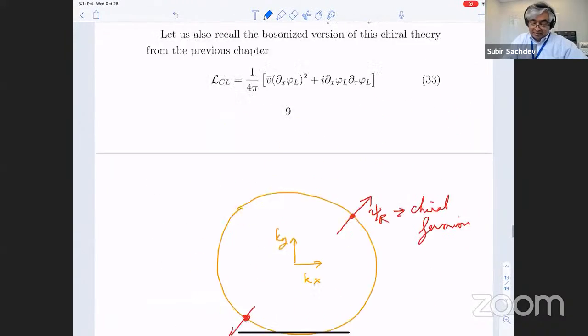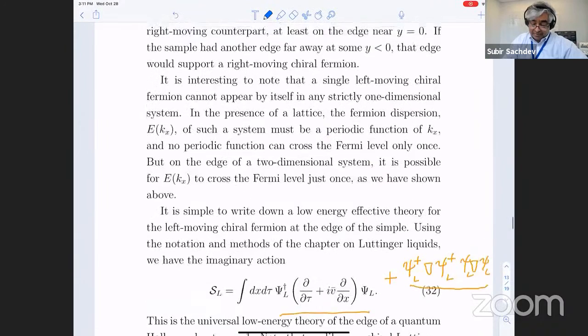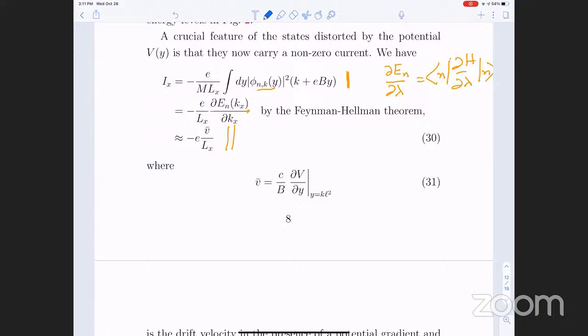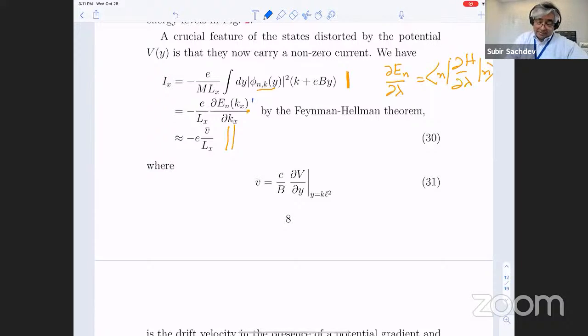Well, we computed that on Wednesday, and there it is with the right normalization. It's e over Lx, where Lx is just some normalization in the x direction which won't be important, times the derivative of En with respect to Kx. This is an exact result that came from the Feynman-Hellmann theorem. So that is the current carried by any particle with some momentum Kx.